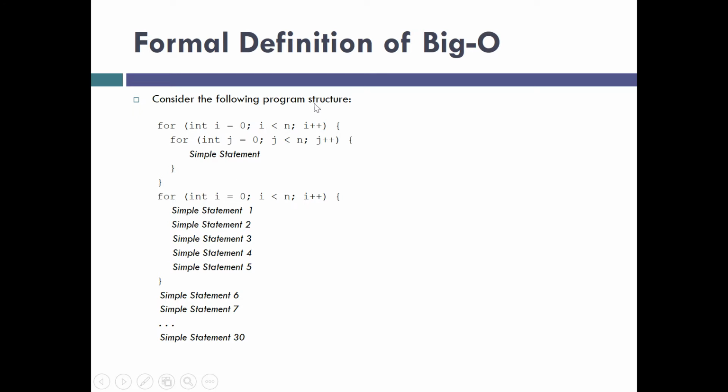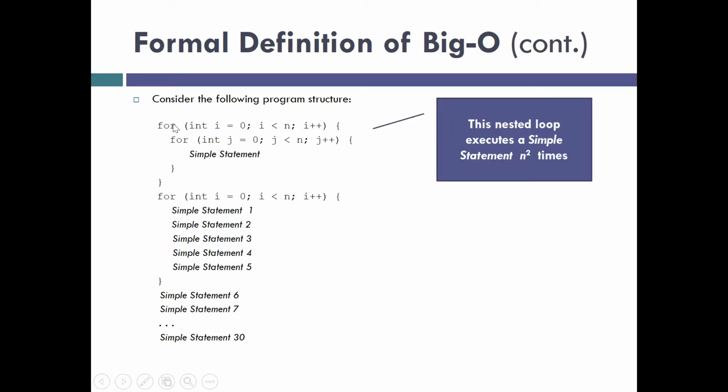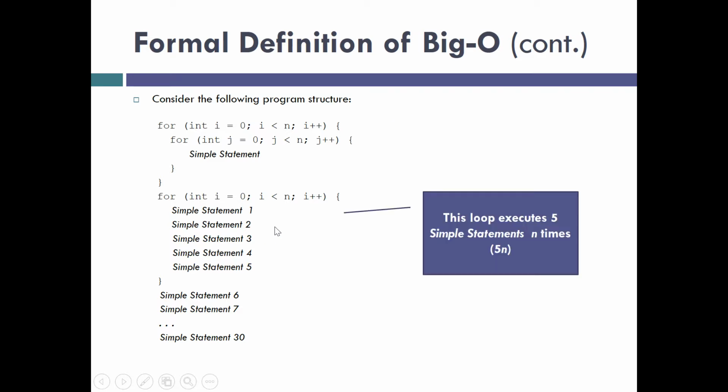So if we want to use that, let's consider this program over here. We've got a program that has an input size of n. This first block is a for loop inside a for loop, and both those for loops run n times. So for each iteration of the outer loop, the inner loop runs n times. So this runs n squared. And this one over here runs n times.